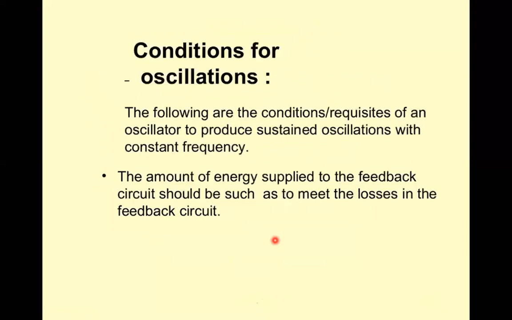The following are the conditions required of an oscillator to produce sustained oscillations with a constant frequency. Sustained oscillations means undamped oscillations. The amount of energy supplied to the feedback circuit should be such as to meet the losses in the feedback circuit. This is the first condition.